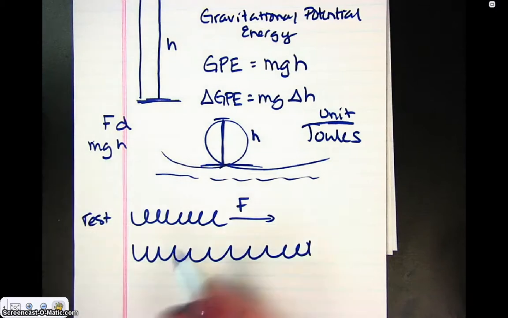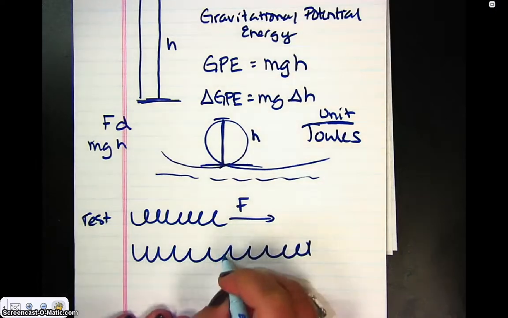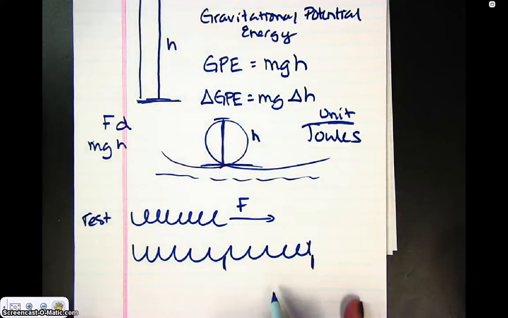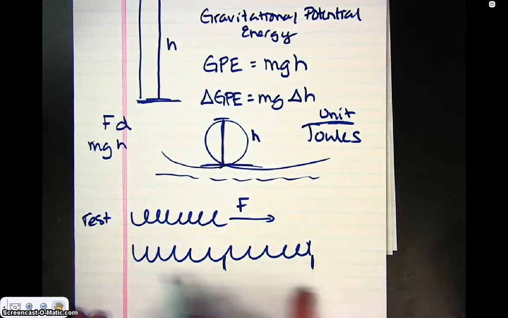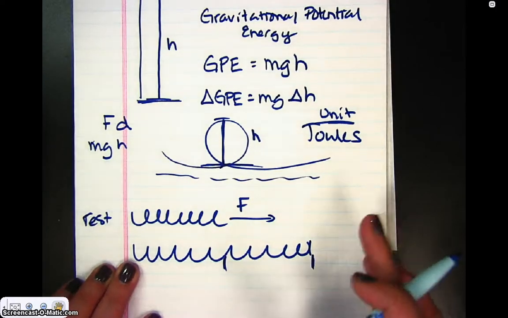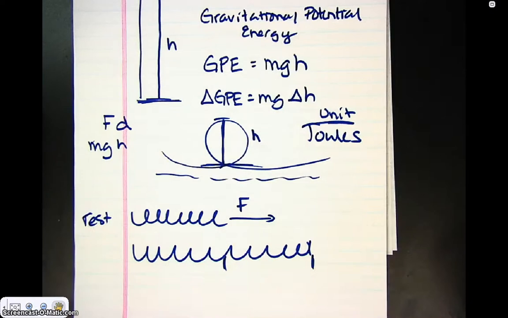Now, I also could push it this direction and make it smaller, and the same thing would happen. So I have applied a force and have moved it some distance, right? That's what work is. So I've added energy and stored energy into the spring, and if I were to release it, then that energy would change to a different form, which we'll talk about in subsequent videos.